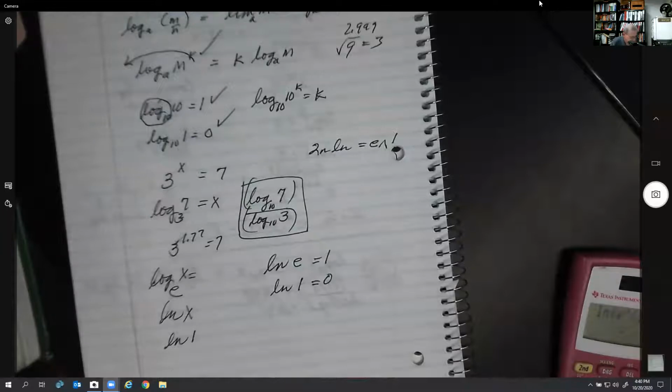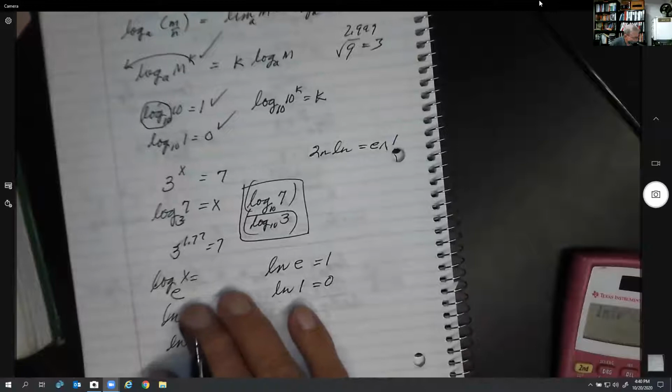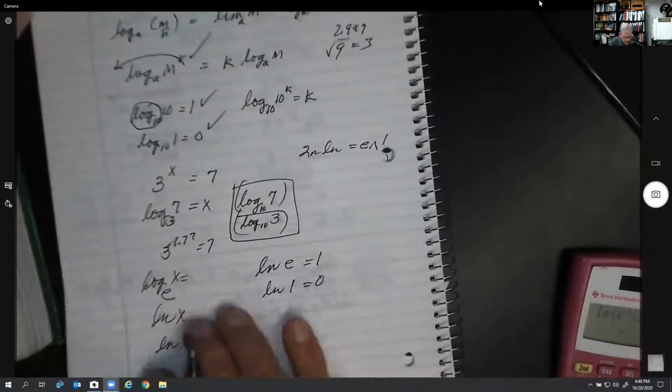I've never used a base of 0, so don't ask me about that. Okay. So it seems like this is a little introduction. You can mess around with some of the examples in the book, but what we want to do is let me do this one problem I see at the top of page 6, and I'm going to show you a little different way.